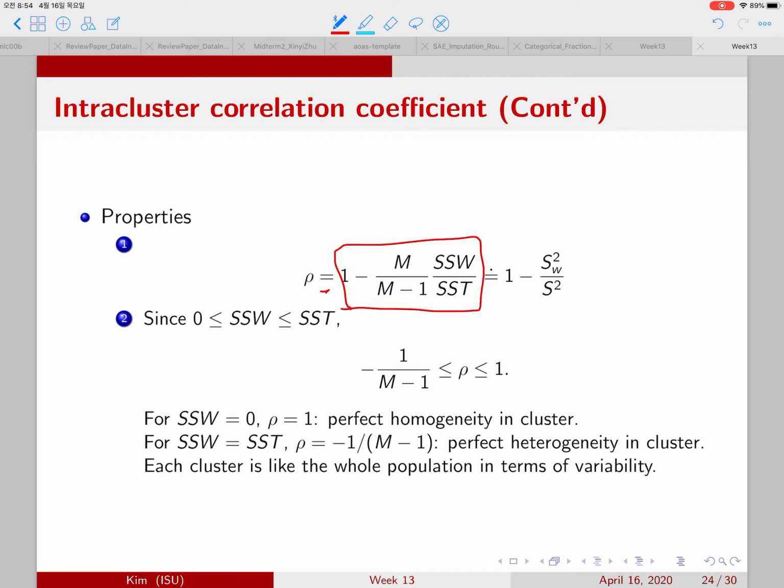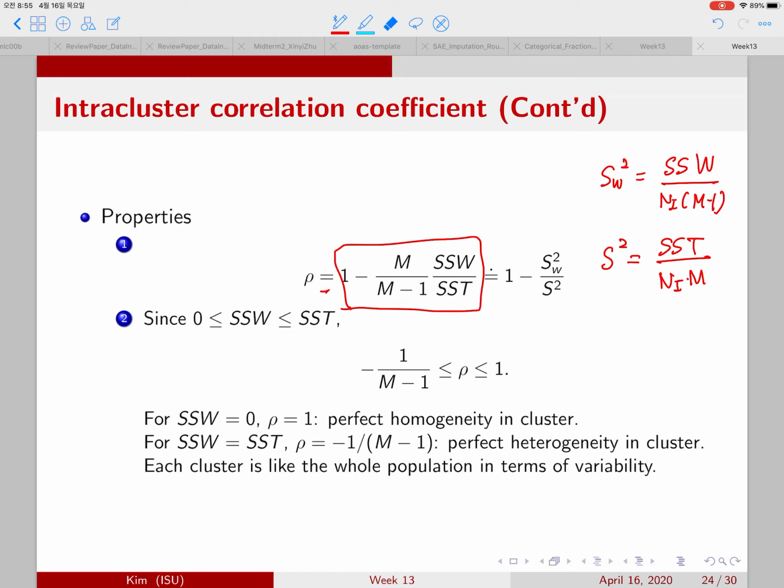Now, what is S_W? By the way, S_W is SS within divided by N_i times (m minus 1), and S_T is SST divided by N_i times (m minus 1), but the minus 1 you can essentially ignore.